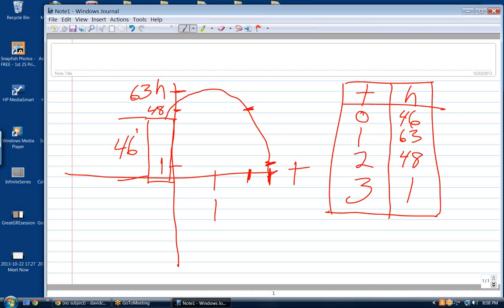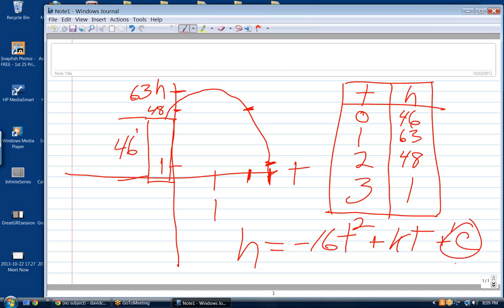Now, to put that into quadratic form, the height is equal to minus 16 t squared plus some constant times t, which would represent his vertical velocity, plus a different constant that represents the starting spot, which we know to be 46.